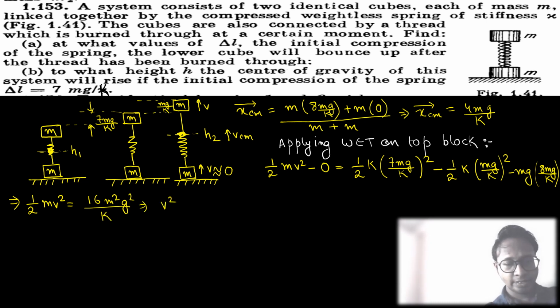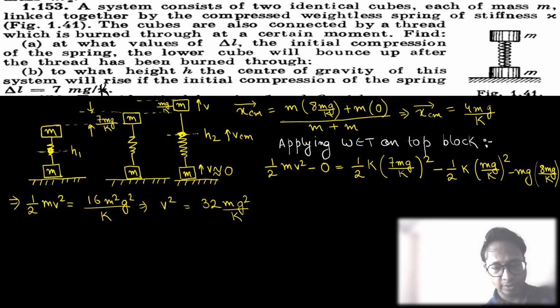See, v square would be, if I send this 2 to the right hand side, it would be 32, one of the m would cancel out, so 32 m g square by k. This is the velocity. If I want to write the velocity in terms of under root, v is equal to under root of 32 m g square by k.